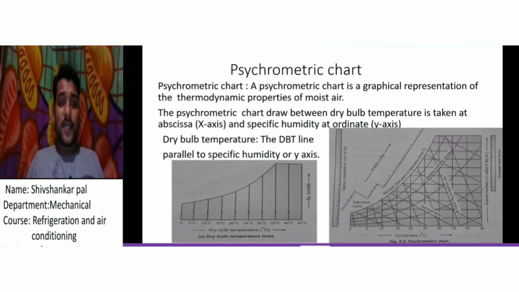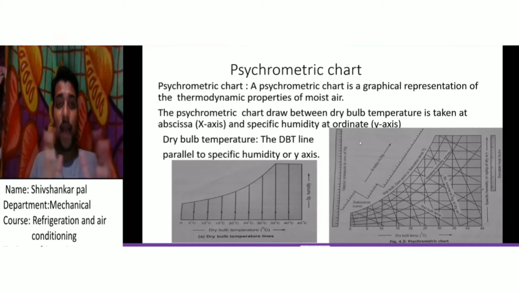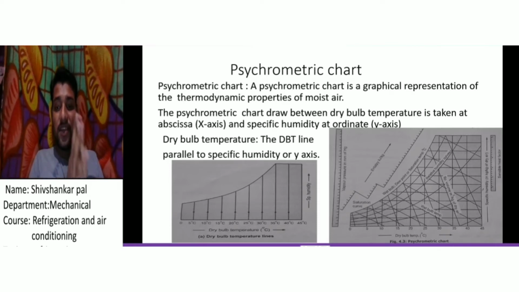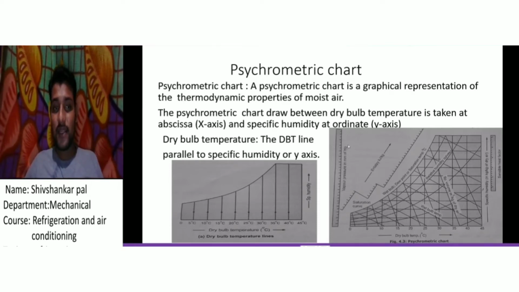The psychrometric chart is drawn between dry bulb temperature, which is taken on the x-axis, and specific humidity on the y-axis, which is known as the ordinate. In this figure you see that I have drawn a chart.